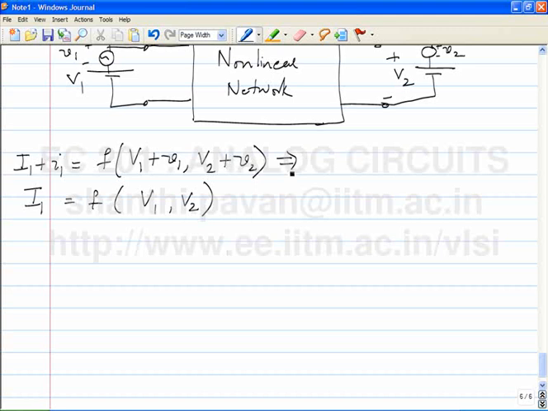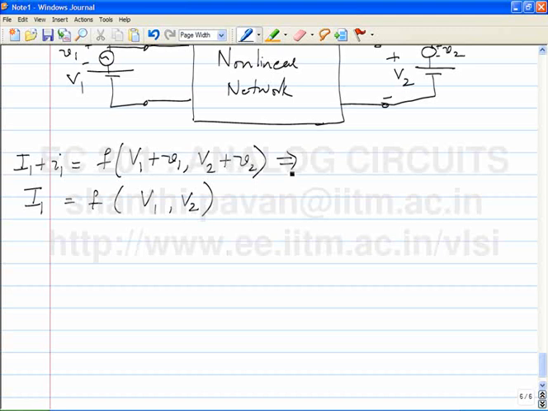When we are talking about one port networks, we had a curve and we approximated the curve around a given point by the value at that point plus delta V or delta I times the slope at that point. Now you have a surface and you are approximating the value of this surface at a neighboring point by the value at the original point plus a linear term.